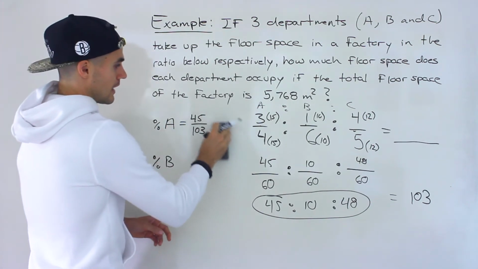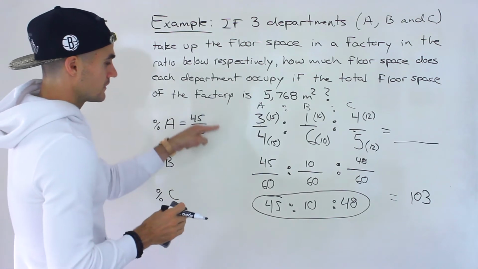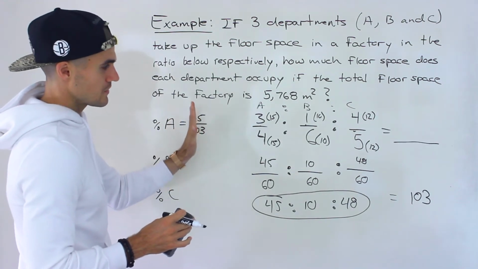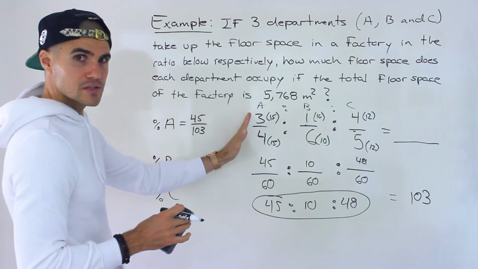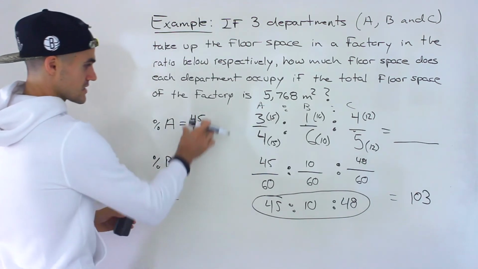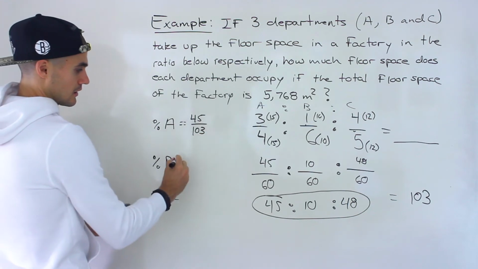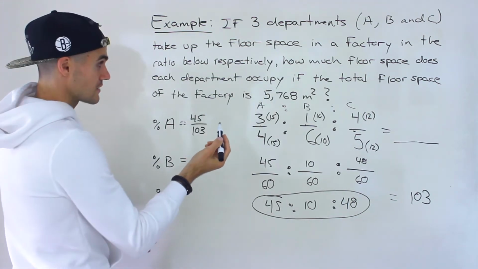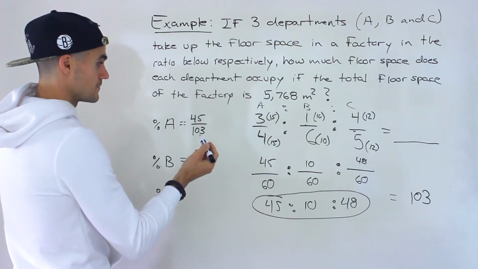However, I actually recommend leaving this in fractions when you're doing questions like this, because if you start getting decimals, you may start rounding a little bit too much. Versus if we leave it as a fraction, it's going to be more accurate once we multiply by that 5,768.